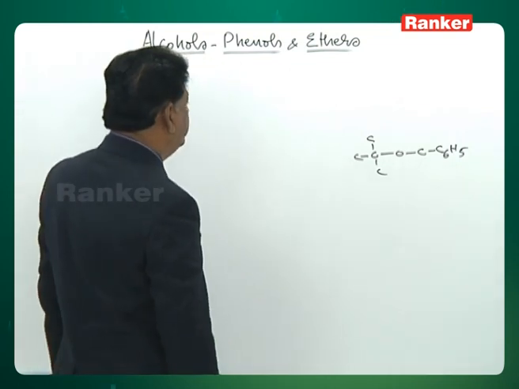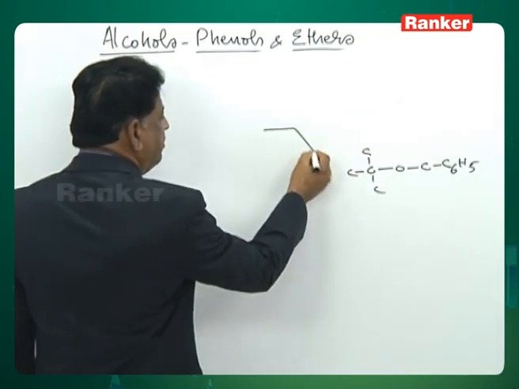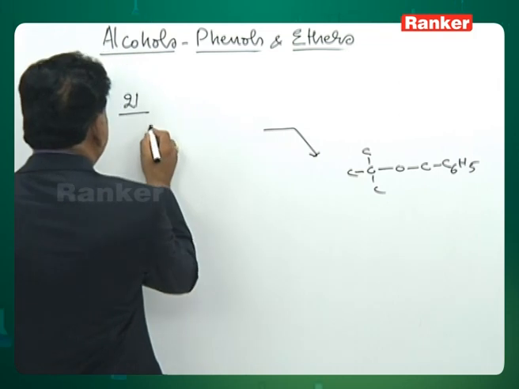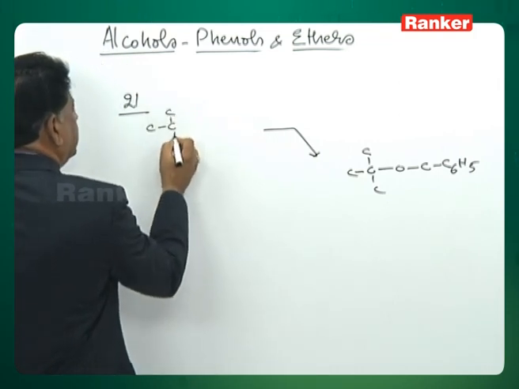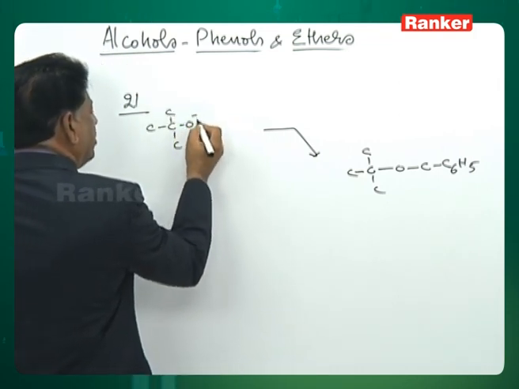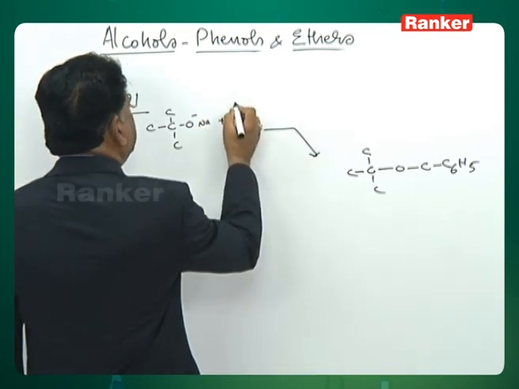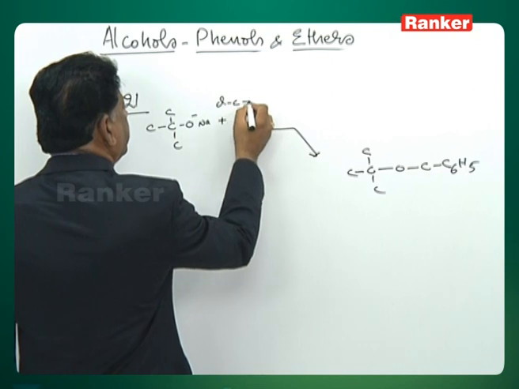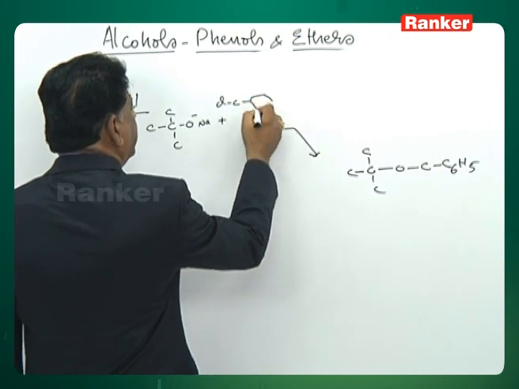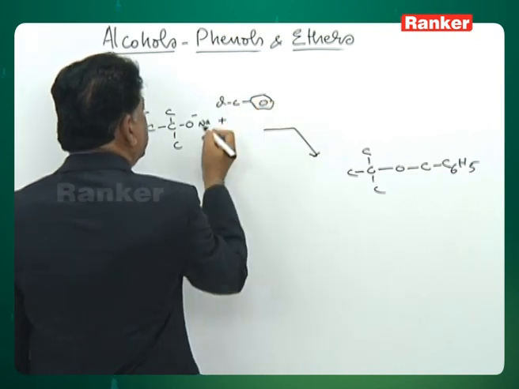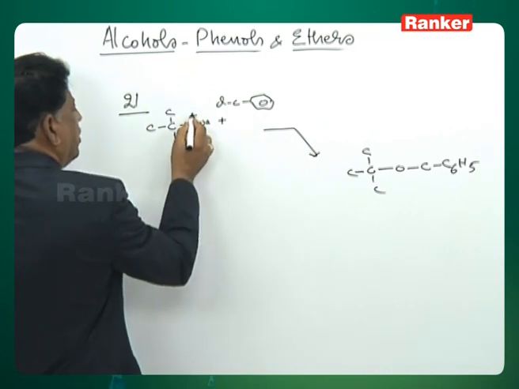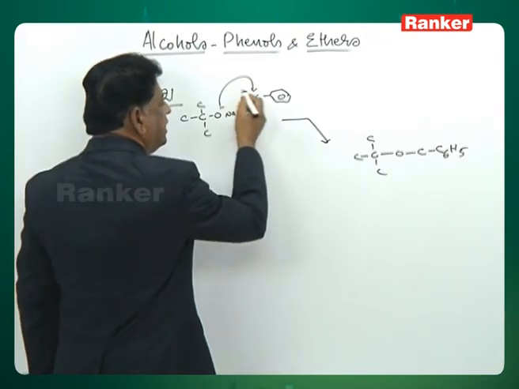Now these two groups can be prepared basically from the two sides. One may be an alcohol. Better take a salt of alcohol and treat it with the benzyl halide. If you take the benzyl halide, this alkoxide will attack here and the reaction takes place.